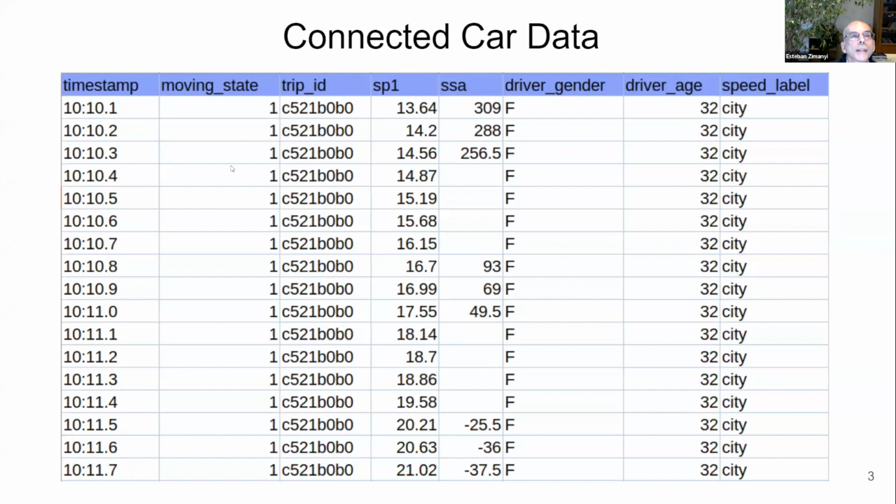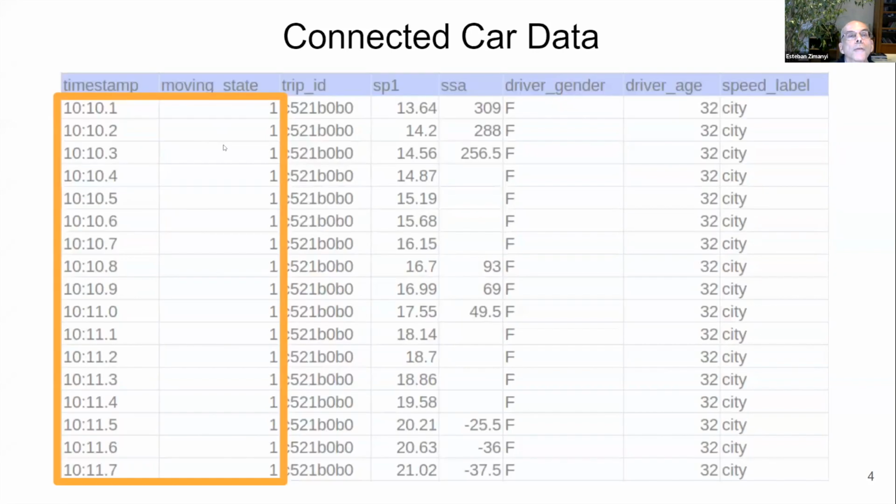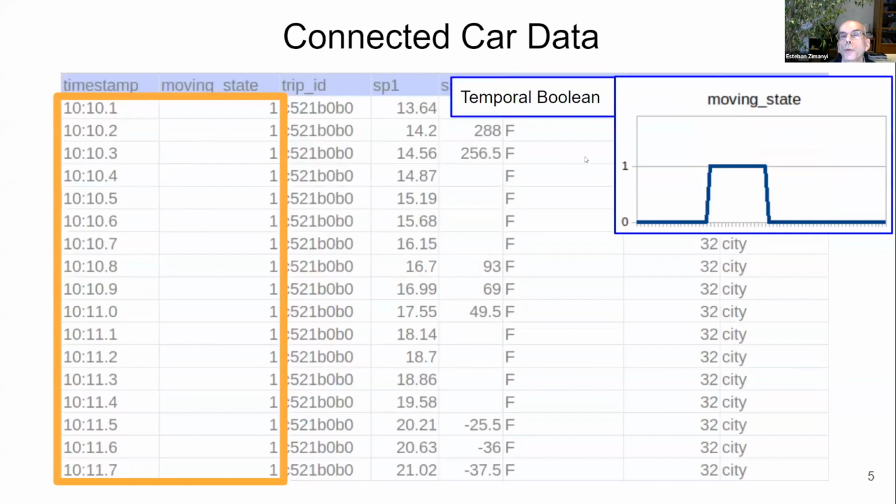What we can see about this data is that it is very redundant. We have here the moving state, whether the motor is on or off, and imagine doing this for every tenth of a second. This is not very efficient. A way to store that in MobilityDB is delta compression.